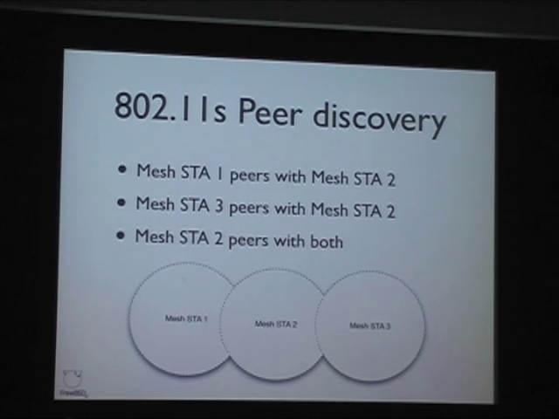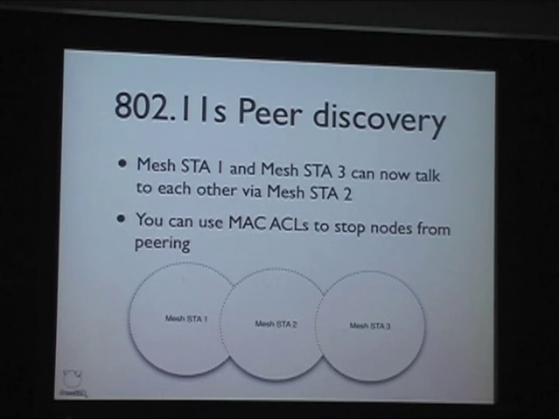And this is the first step in creating a mesh network. Then with a routing algorithm, mesh station 1 can talk to mesh station 3, and so on. If we have another one, they'll be able to talk to each other by using the middle nodes. So if you want to build a specific network topology, you can use access control lists from our stack, and they'll stop stations from talking to each other and trying to peer.